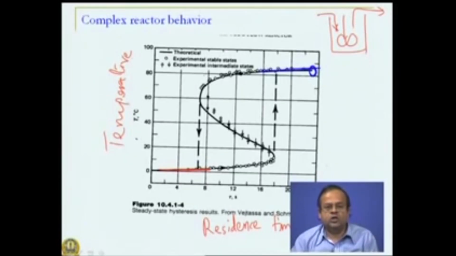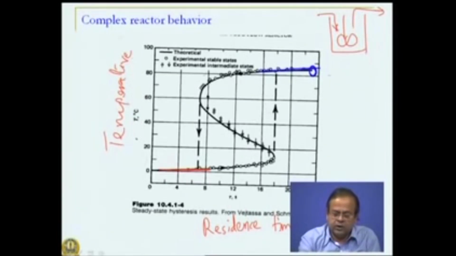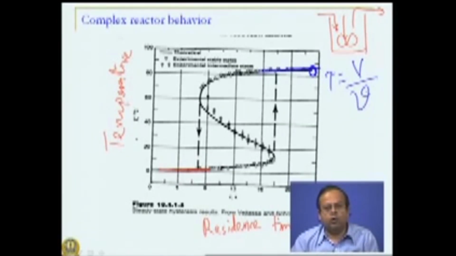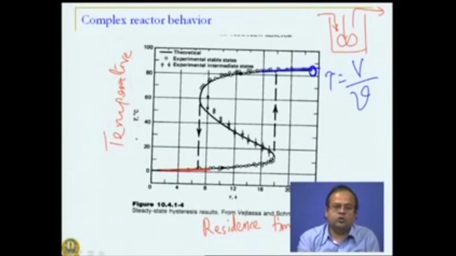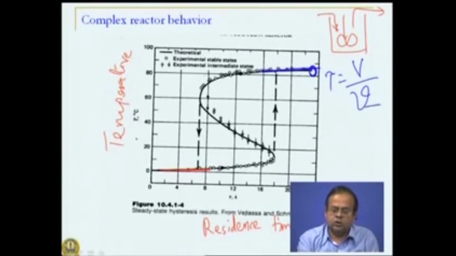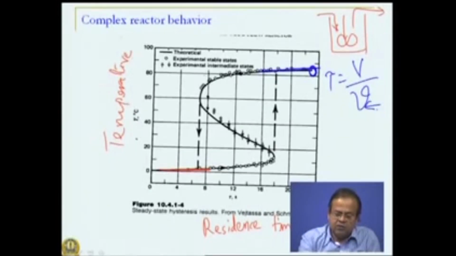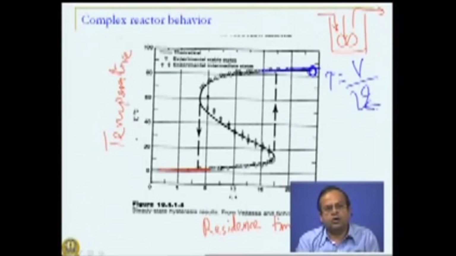So, if you want to change the residence time, the easiest way of doing it is to change the volumetric flow rate. It is difficult to change the volume of the reactor, that means we will have to change the liquid level, but it is easy to change the volumetric flow rate small v, and thereby we can increase or decrease the residence time.